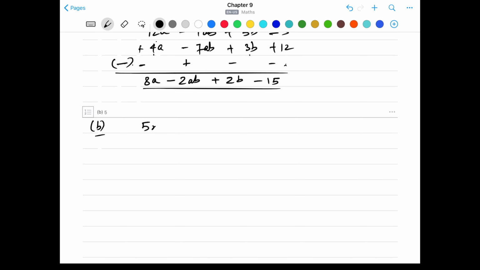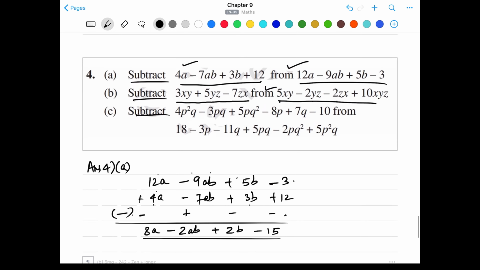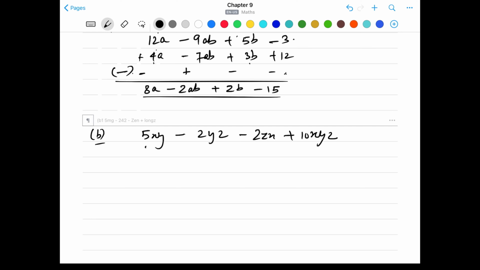So we have 5xy minus 2yz minus 2zx plus 10xyz. Okay, and in the second expression we have 3xy. This xy term will be written below the xy, so we have plus 3xy. Then we have plus 5yz, that will be written here.